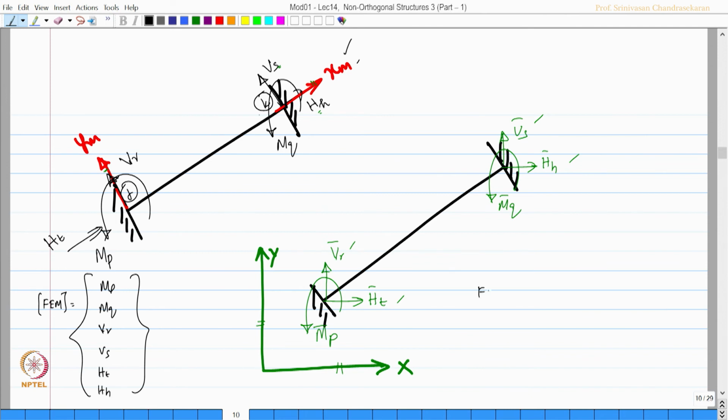If I say FEM bar of the ith member, then that should be equal to M bar P, M bar Q, V bar R, V bar S, H bar T and H bar H. Okay. Now, FEM bar actually is the transformed value of FEM.